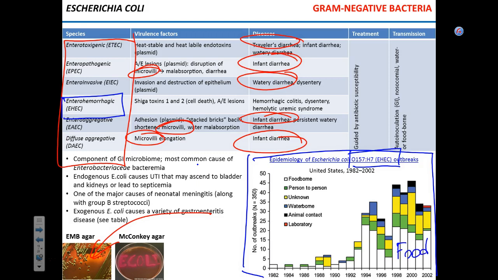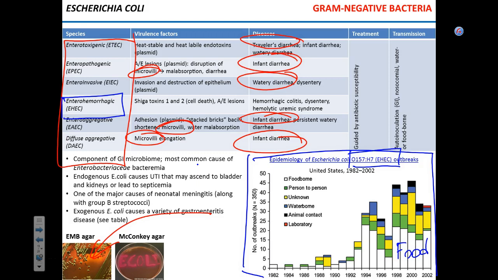Not all food. The main food that EHEC is transmitted through is ground beef. Most likely it gets contaminated during processing in the slaughterhouses, and that's the main one.